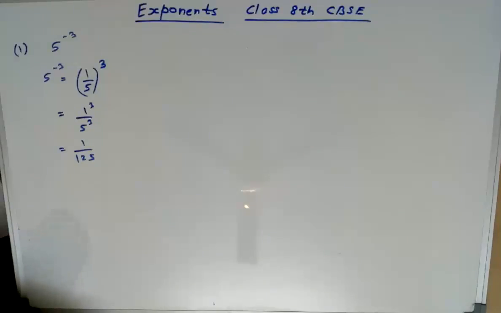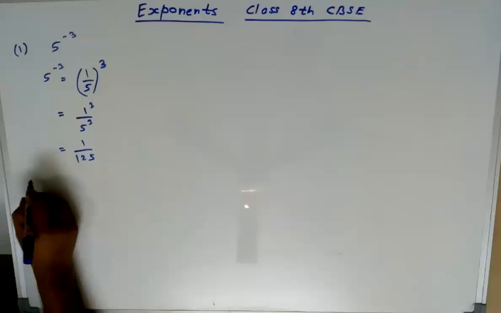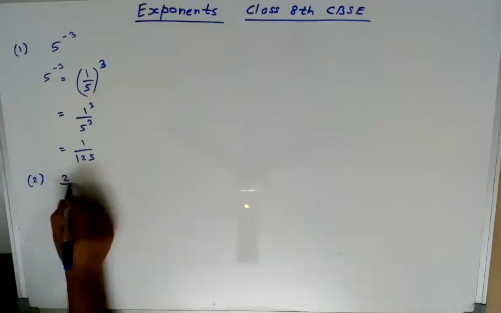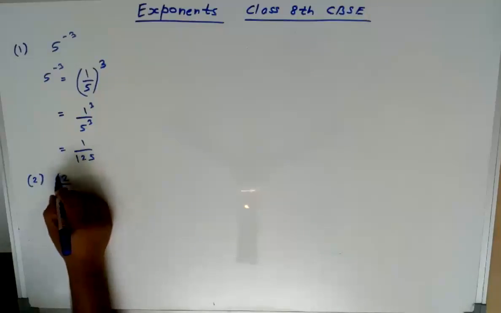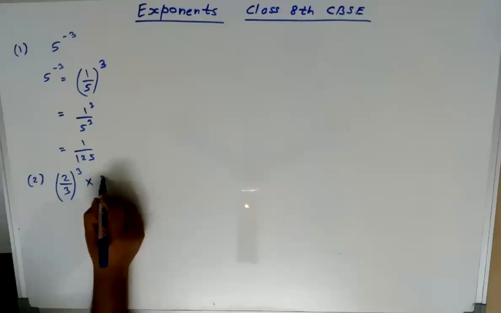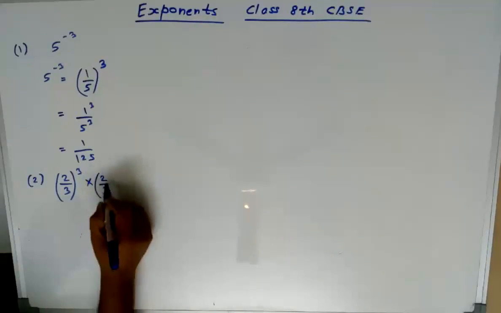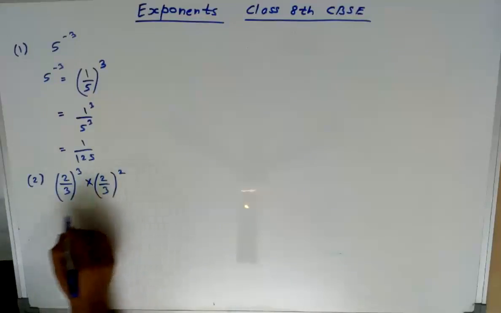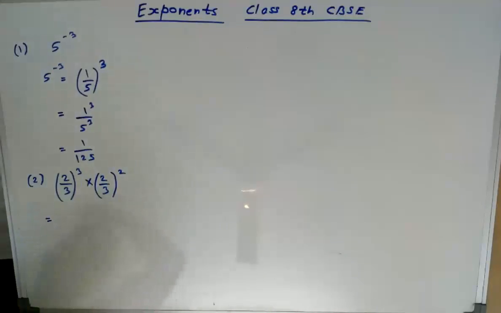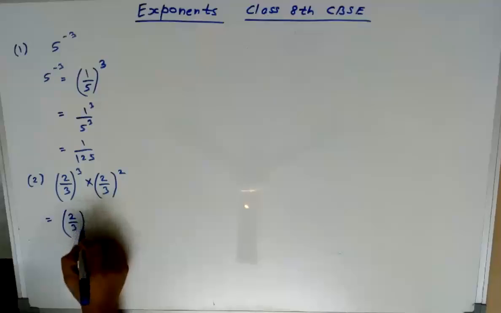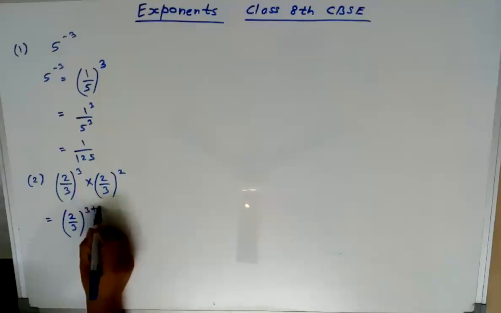Let us take one more example. Suppose there is a rational number 2 upon 3 having power 3. It has to be multiplied with the same rational number having power 2. Then, as per the laws we have studied recently, it will become (2/3)^(3+2).